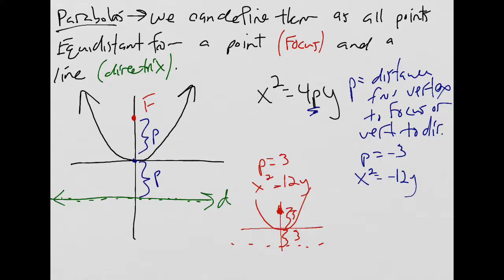By putting in a p-value that's negative, it's going to be the same thing except upside down. So I'm going to go ahead and sketch my parabola in like that. And I'm going to label my focus, and this length is 3. Then I'll put a directrix up here, and this length is also 3.